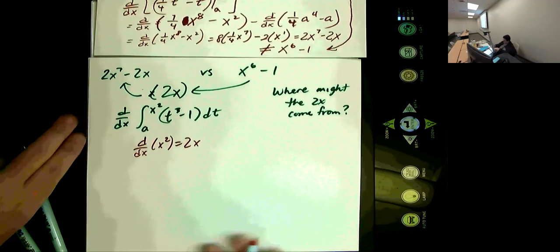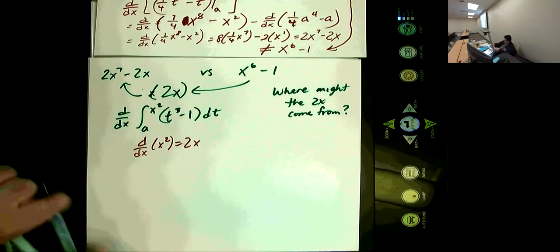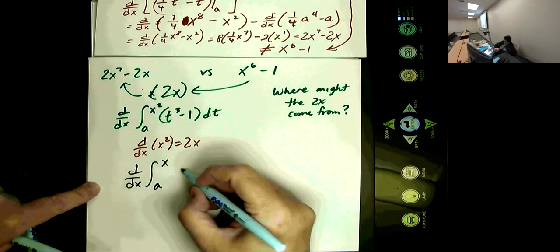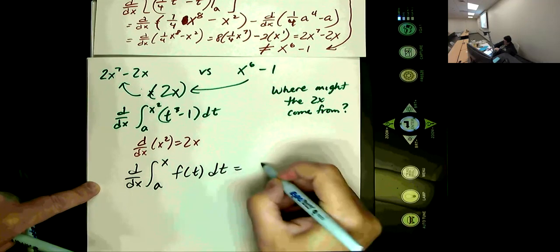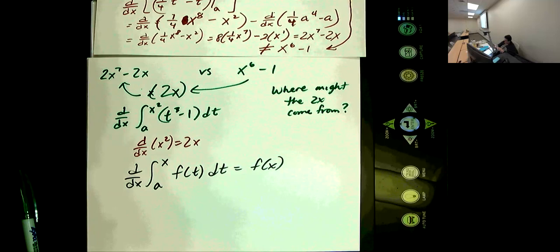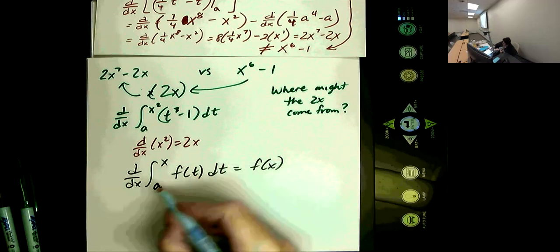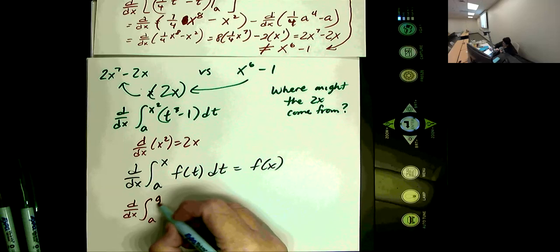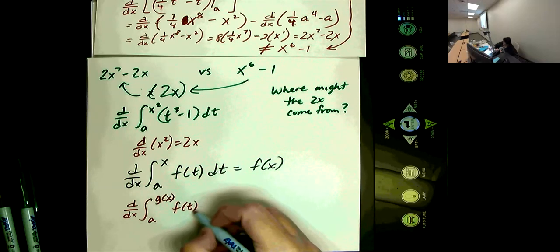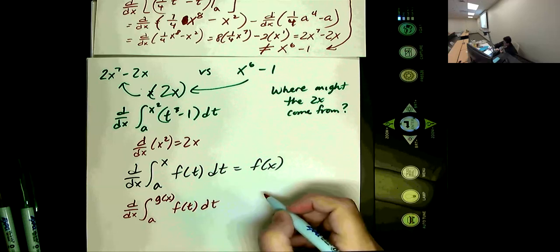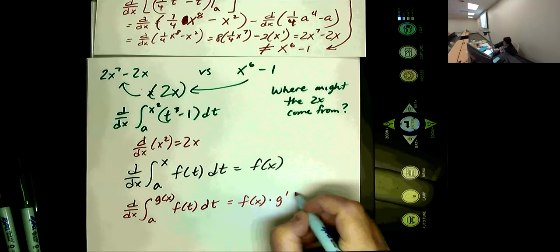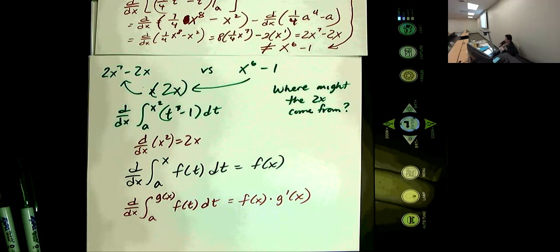So the fundamental theorem says d/dx of the integral from a to x of f of t dt equals f of x, but if it's not x up there, if it's some function g of x, we really end up with f of x times g prime of x. It's like a chain rule.